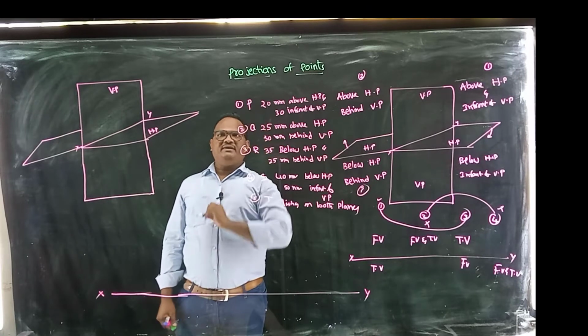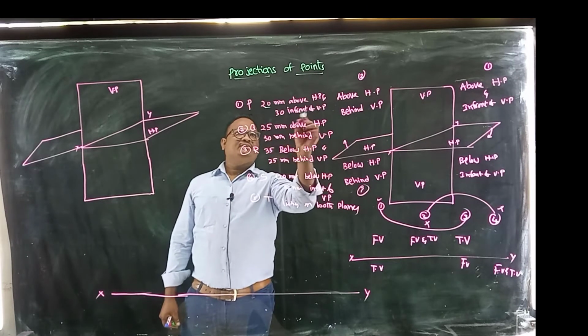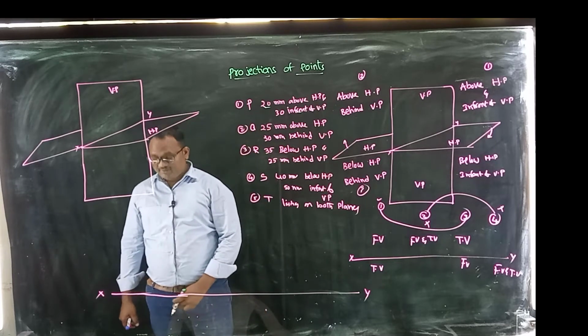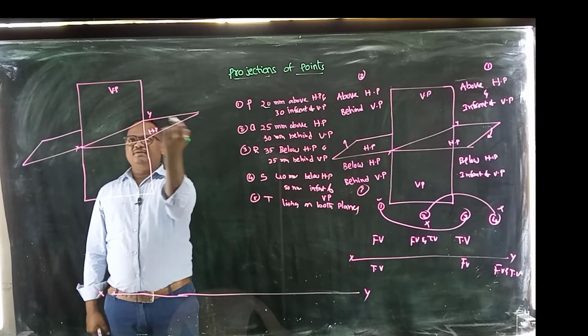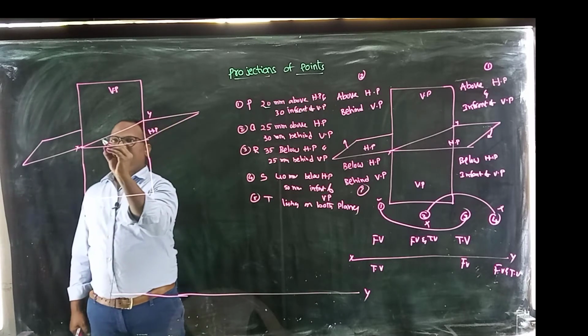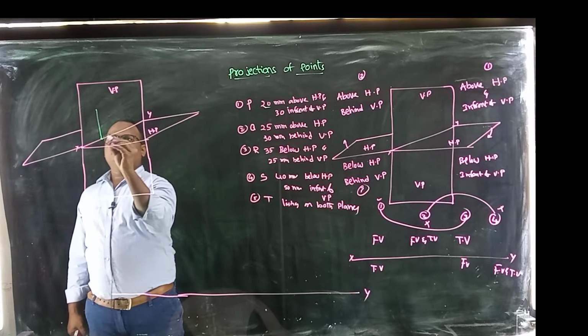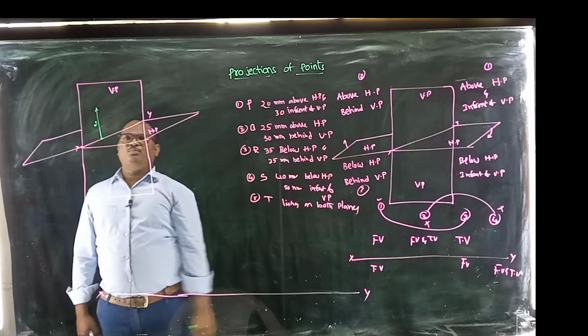For point P, the location is given 20 mm above HP, 30 mm in front of VP. That means on the XY line, somewhere you can take 20 mm above, mark one point.